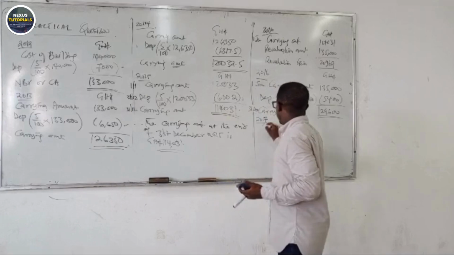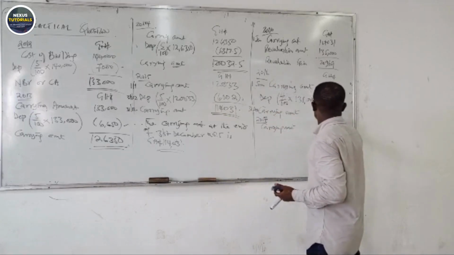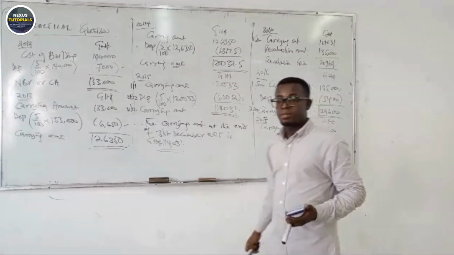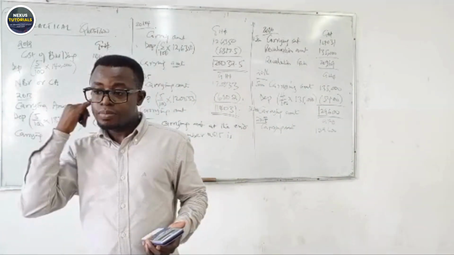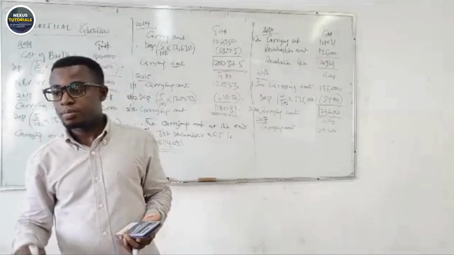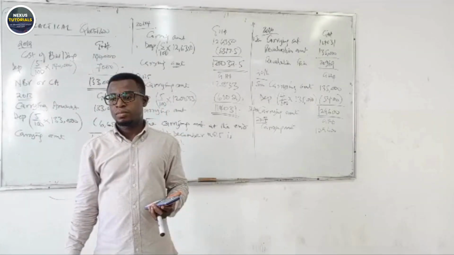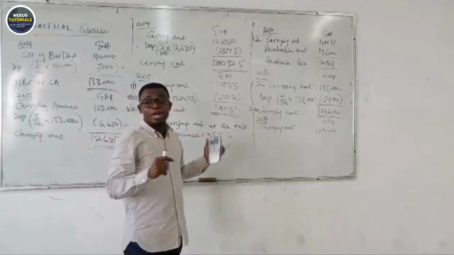Then in 2017, the carrying amount begins. Then what is the cost? 129,600. Right? And in the question, management of the company adopted the revaluation model and revaluation for subsequent years are as follows. So 1st January 2017, it was 130,000.